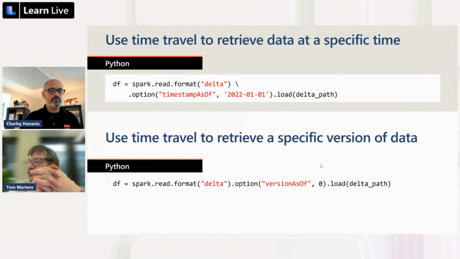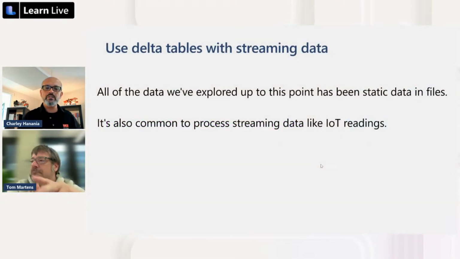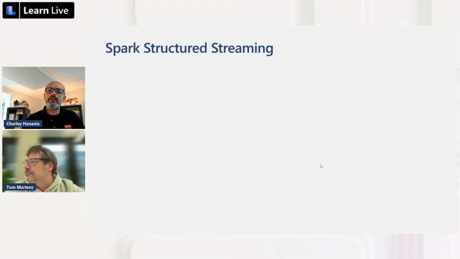Brilliant. Okay. So I'm actually going to jump in now, Tom, and talk a little bit about streaming. I mentioned before these different methodologies in terms of analytics, where you would get data either from streaming data sources when you want near real-time analytics, or from historical data where you want aggregations done. But with Spark, we have the capability of structured streaming.